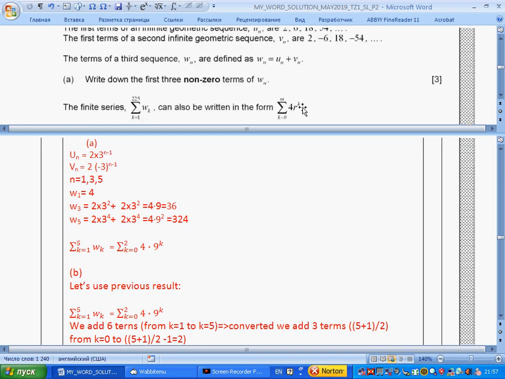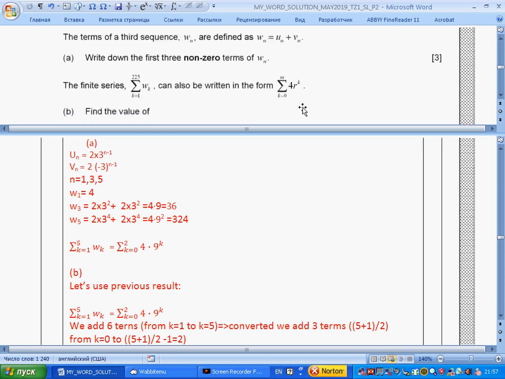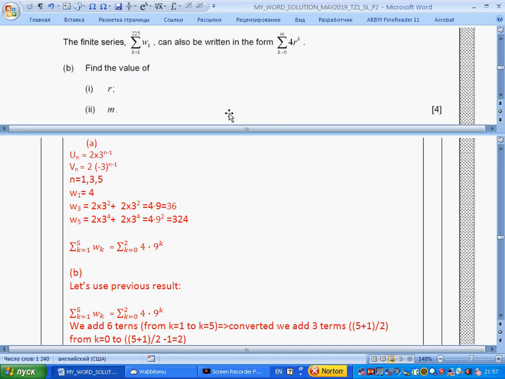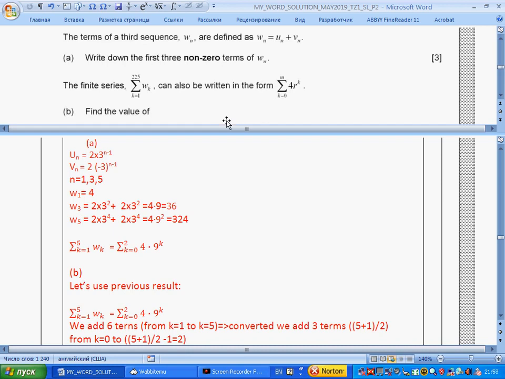The finite series W can be rewritten in this form. Find the value of R and M. So if we add elements of the third sequence, it can be rewritten in this form. So let us rewrite.